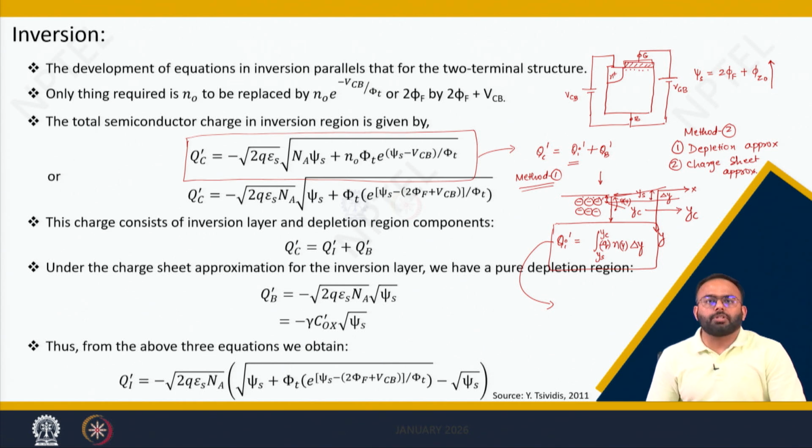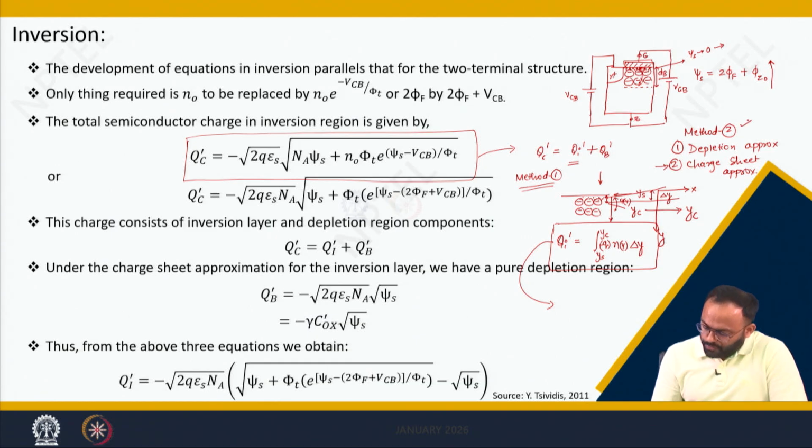In depletion approximation, we said that when you apply a gate voltage, then the depletion region comes into picture, and this depletion region is defined by a sharp boundary, and there are no mobile charge carriers present in the depletion region. This region is defined by dB depth, and the second is we assume that the inversion charge is made up of a very thin sheet near the surface and inversion layer thickness is approaching 0. So, all the surface potential will drop across the depletion region.